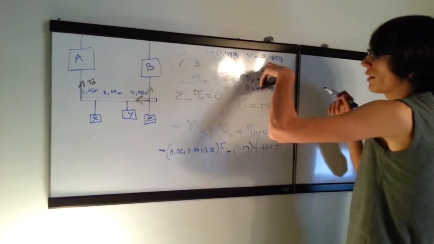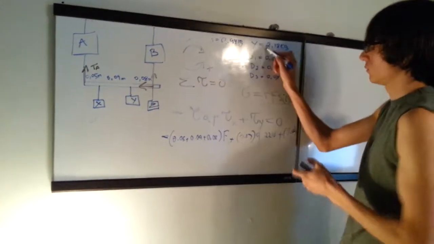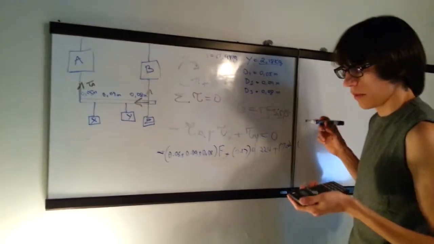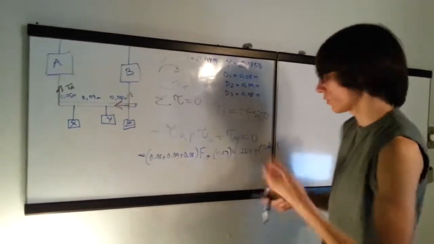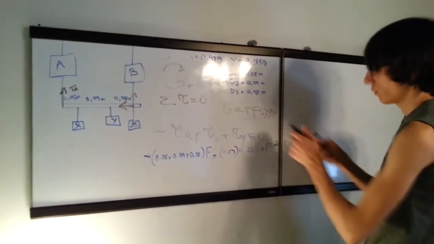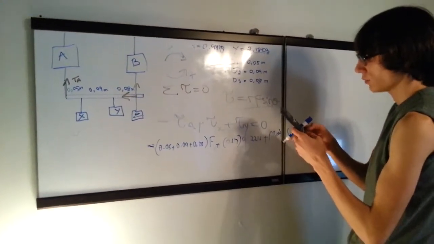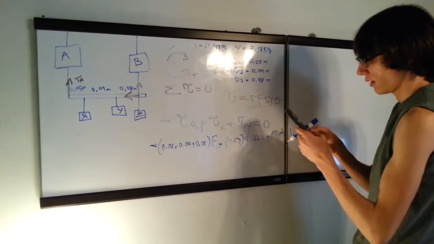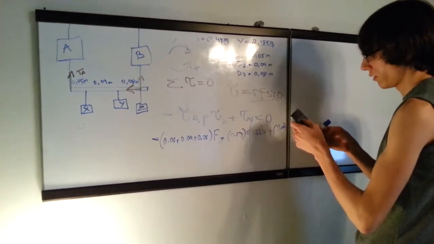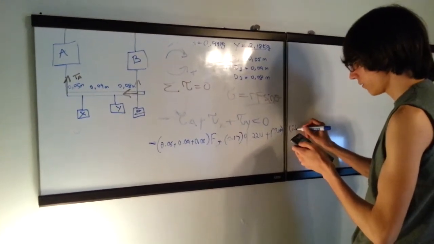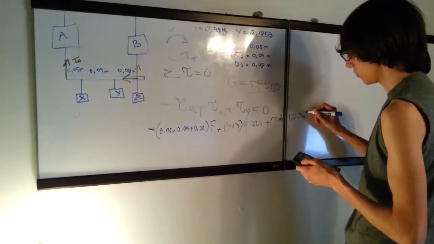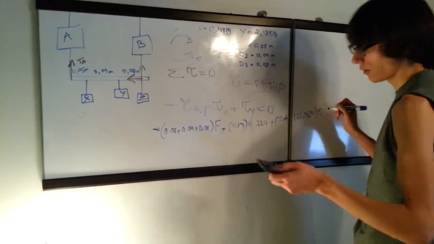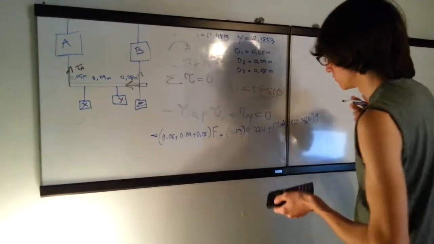For the weight of Y, we take 2.18, which is the mass of the Y block, and multiply that by the gravitational constant 9.81. So it's 2.18 multiplied by 9.81, which is 21.38 newtons. And this is all multiplied by 1 because the sine of 90 is 1.